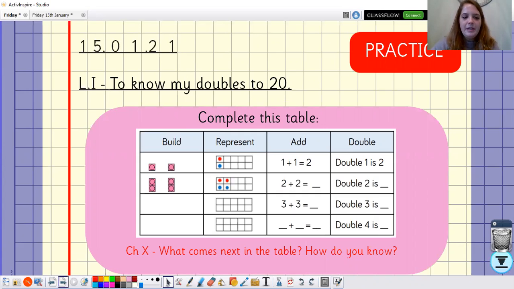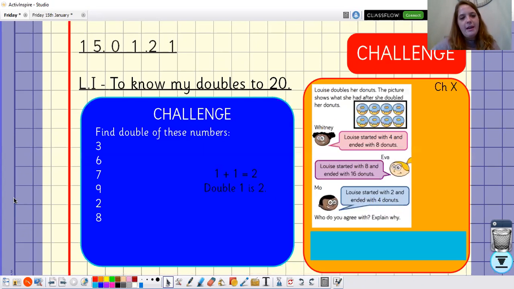Okay. So looking at your task for today then, I want you to find double of each of these numbers. So there's 6 numbers here. So we're going to start off by finding double 3, double 6, 7, 9, 2, and 8. And the way I want you to lay this out is I want you to write the addition number sentence and then the double sentence.